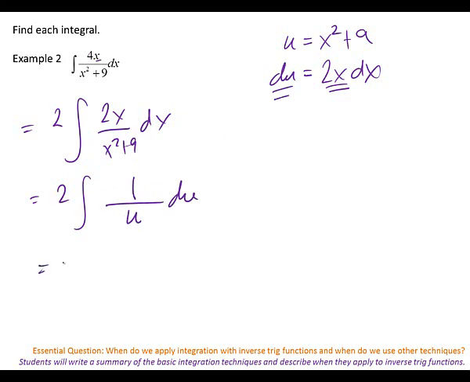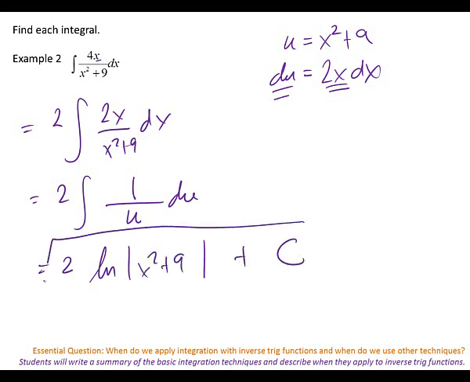I'm keeping the 2 in front. When I integrate 1 over u, what do we get? Absolute value of u. What are we going to write down instead of u? X squared plus 9. Good. Plus c. All right. You good with that one?